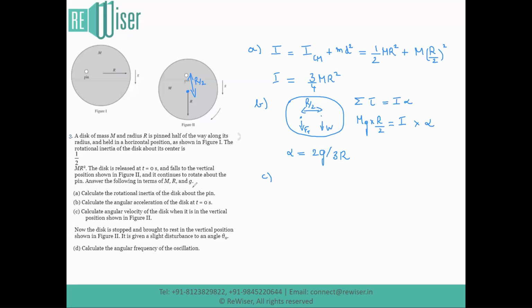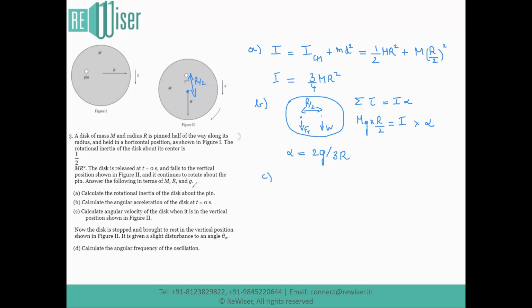Part C tells us to calculate the angular velocity of the disk when it is in the vertical position shown in figure 2. We understand that when it is in the vertical position, the gravitational potential energy that the body has is converted into rotational kinetic energy.